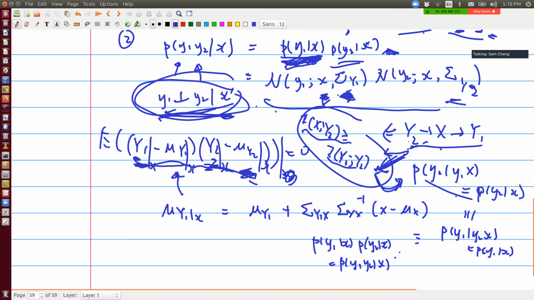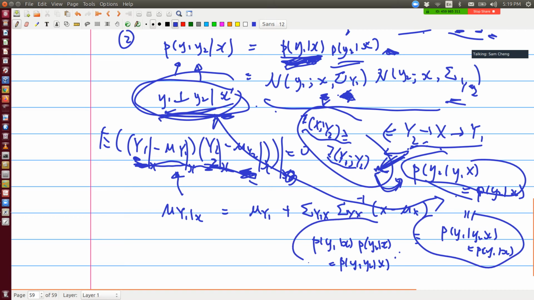But the other way around, I strongly doubt that this is a sufficient condition to show conditional independence. This is basically the definition, and any of these representations is the same.